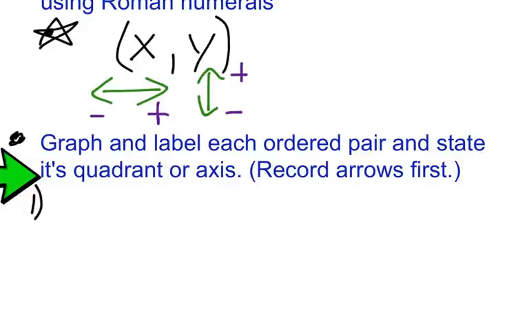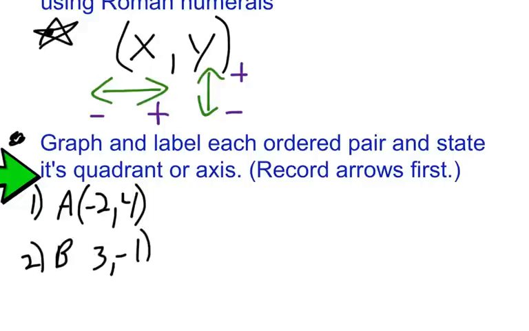Number 1 is going to be point A, which is -2, 4. Number 2 is point B, which is 3, -1. Number 3 is point C, which is -4, 0.